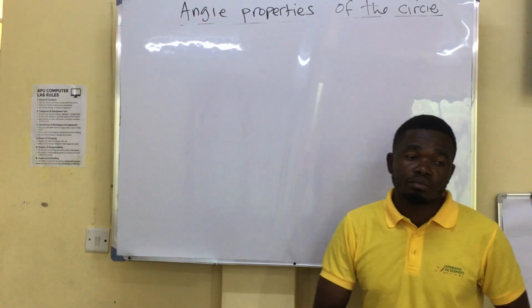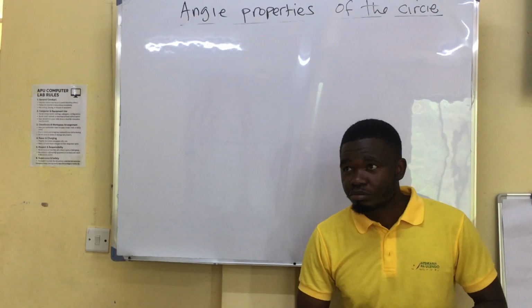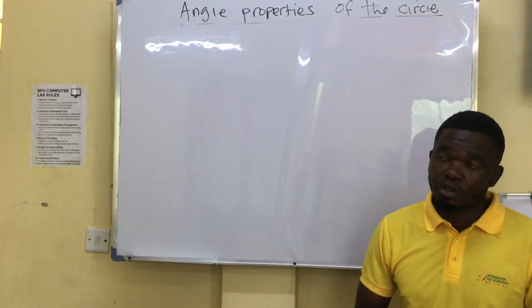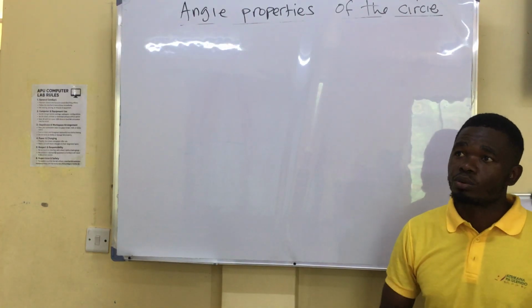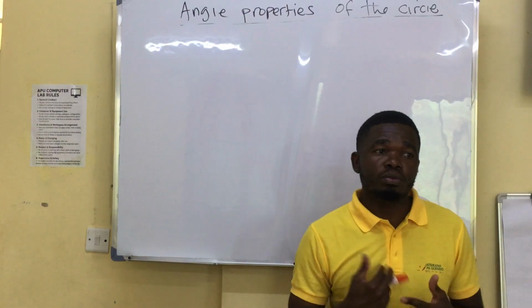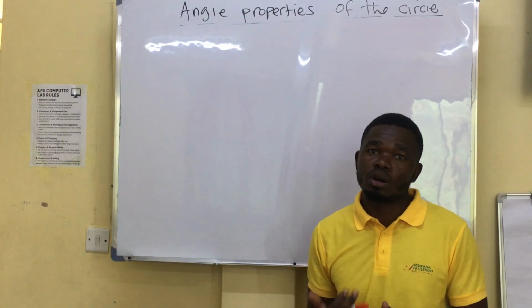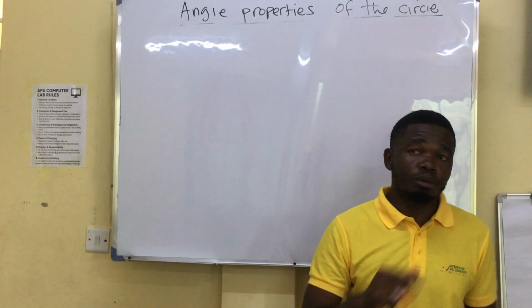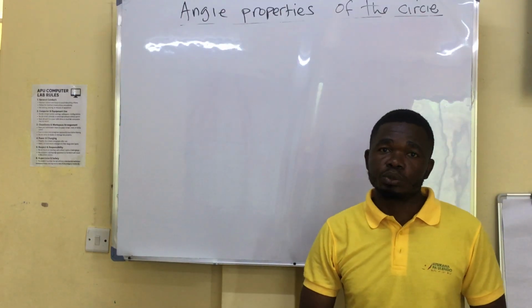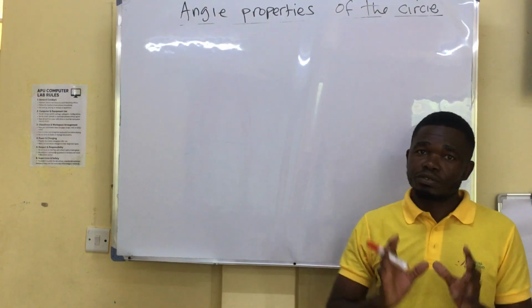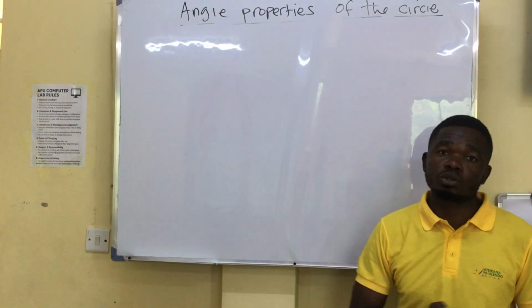Today I have a lesson. It's all about triangles as well. We are supposed to discuss a theorem in triangles that will help us to prove that the angle at the center is twice the angle at the circumference. That's the first theorem in this topic. That's why we discuss these basics first before we dive into the actual topic.